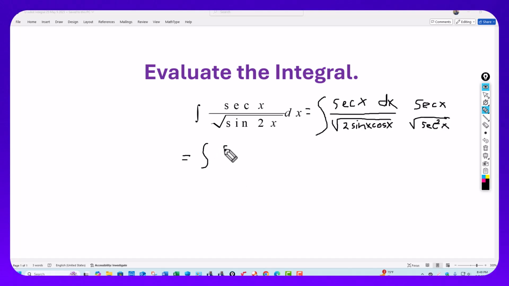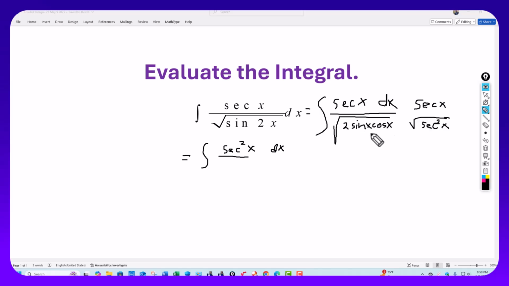So in the numerator, I have a secant squared of x. I know the derivative of tangent is secant squared, so it's nice to have a secant squared in the numerator. Now this is going to multiply through. I've got this in a square root and this in a square root, so this is going to multiply in here. And remember, secant and cosine are reciprocals.